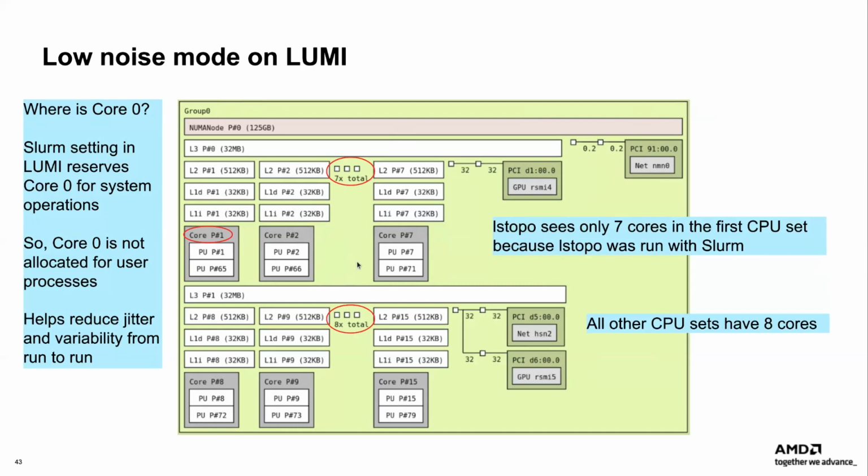The OS sees all the cores. Core 0 hasn't gone anywhere. It has just been reserved for system operations. That is done in order to reduce jitter and variability from run to run, and is usually used for timing purposes. But this is what you see in lstopo. We want to show this to you so that you are not confused when you come to it later.